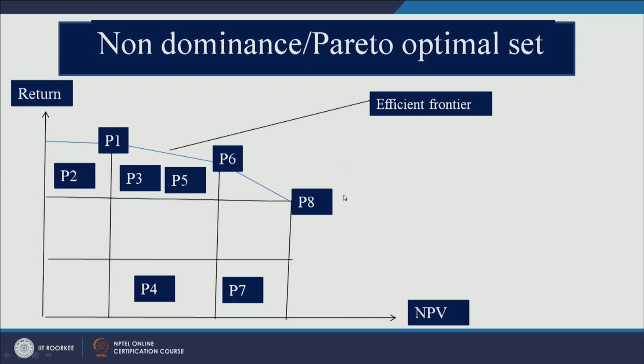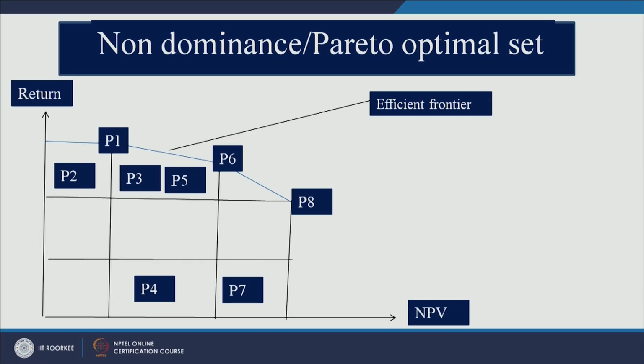So, if you look at, for example, the P2 project. Now in the P2 project, this is your return, this is your NPV. Had there been only one criterion, that is return, you would have definitely chosen this.